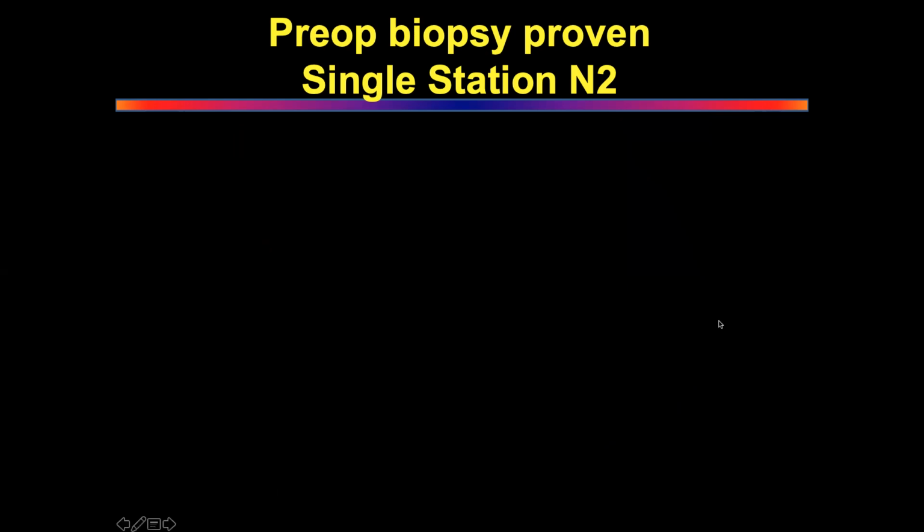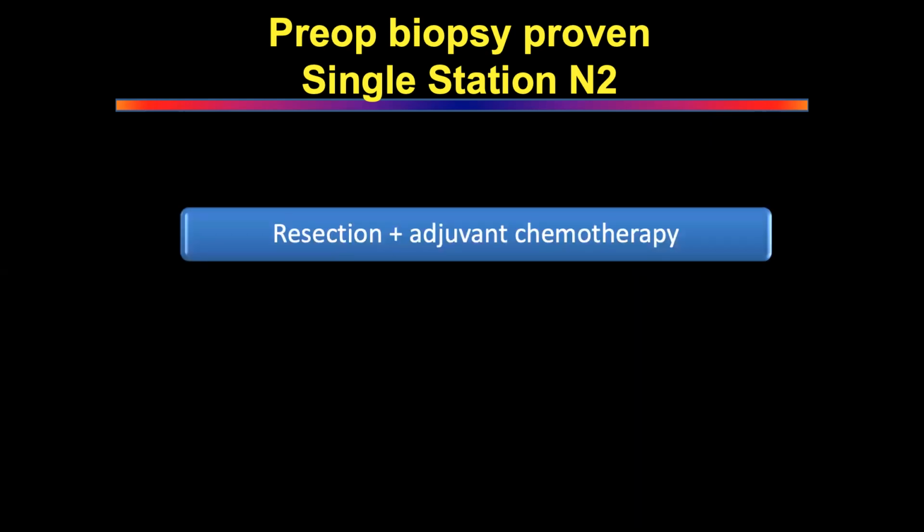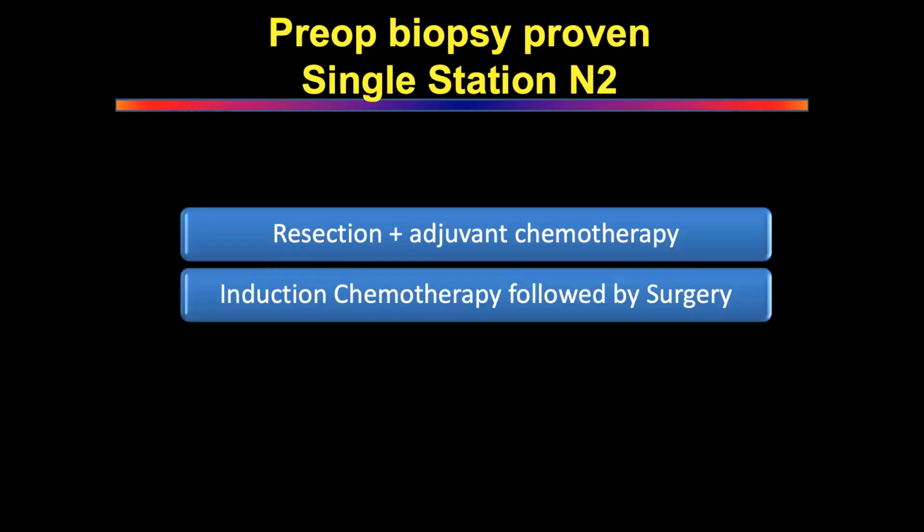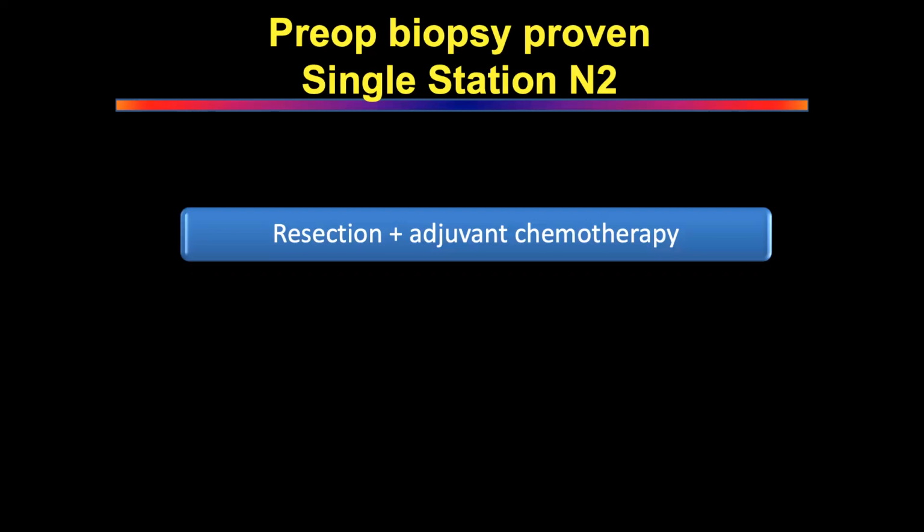Okay, good. So remember this, if it is a single station N2 and a patient is fit for surgery, you do offer him surgery. This is the only scenario in N2 when you offer surgery to the patient. Single station, fit for surgery. That's the answer I want to hear. And then you follow it up with adjuvant chemotherapy. That's one treatment.